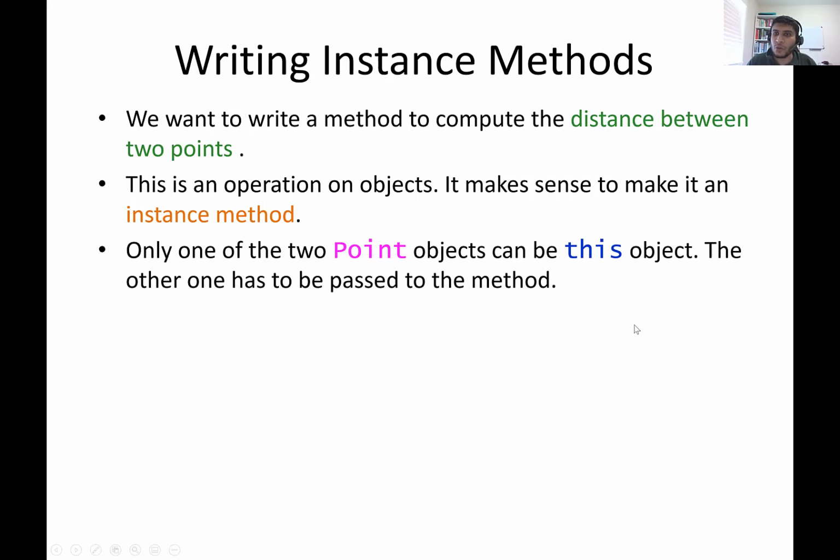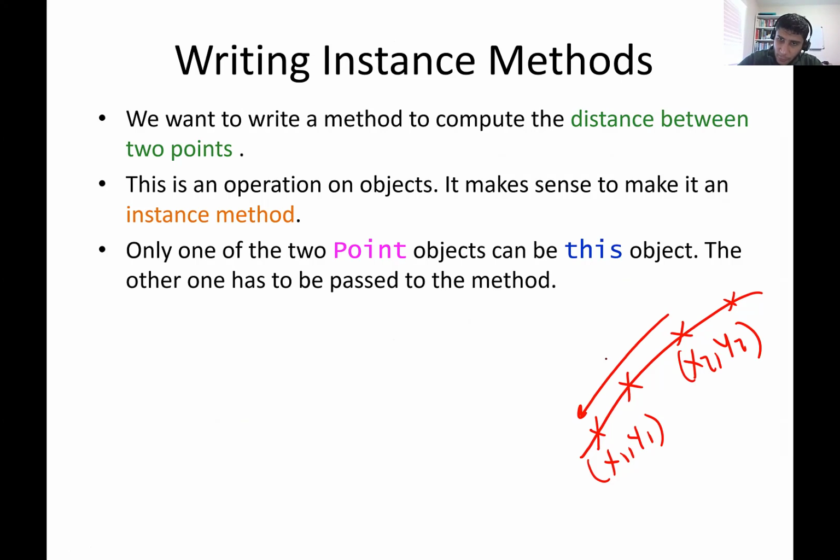While assume I want to write another method that calculates the distance between, so now I have 2 points. Remember what our point class resembles. Assume you have this plane and then you create different objects with different points, right? This is x1, y1. Let's say this is x2, y2. And now I want to write a method that calculates the distance between both, right?